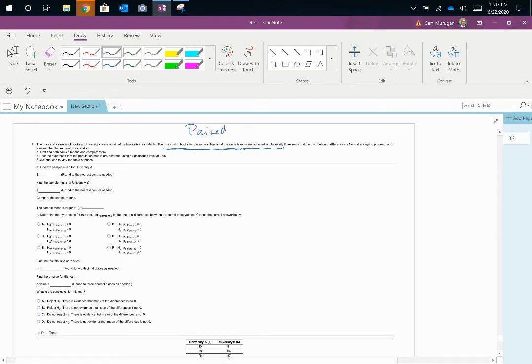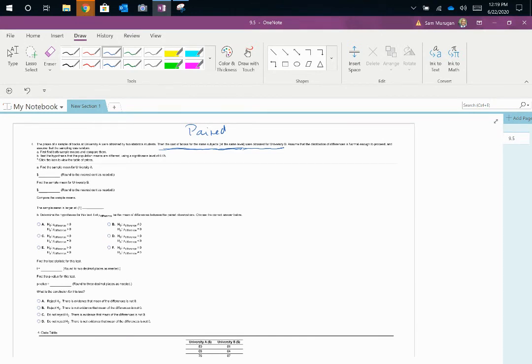If you think back to example 3 above with the husband and the wife team, that's what's happening here. Assume that the distribution is normal enough to proceed, and assume that the sampling is random. First, find both sample means and compare them.